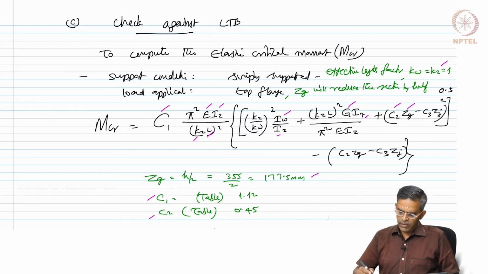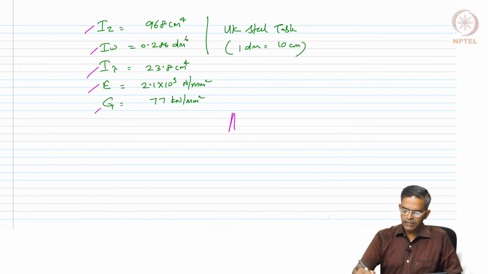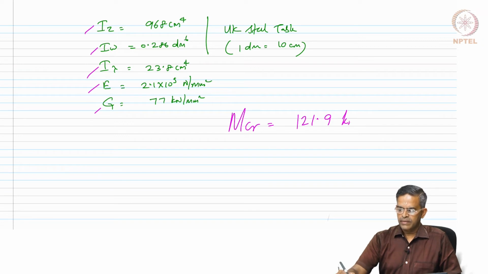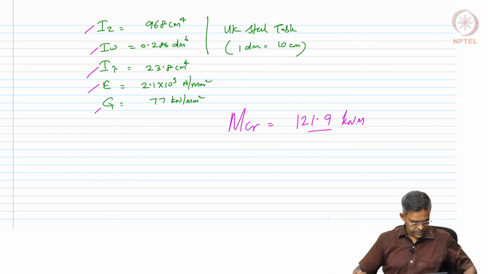So, we can compute these values directly and I will get MCR as 121.9 kilonewton meter.